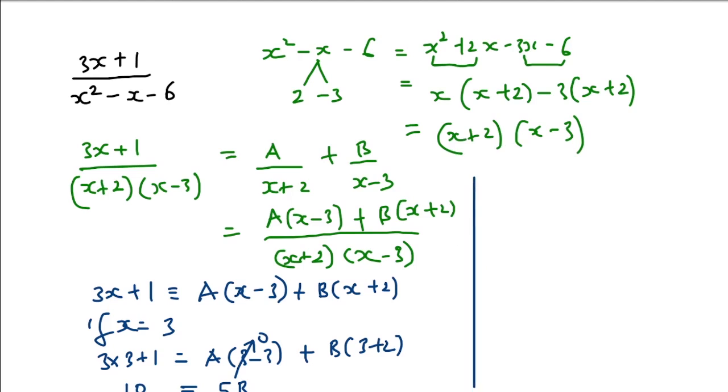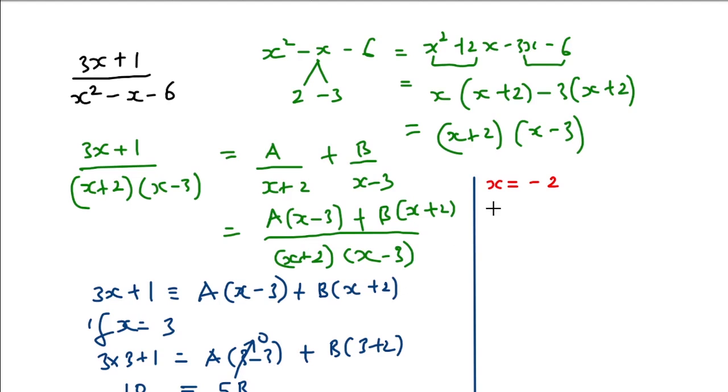Let's find a. So to find a, I should find the value of x that will help me eliminate b, and that would be x equals negative 2. The additive inverse of 2 is negative 2. So it will make b disappear.